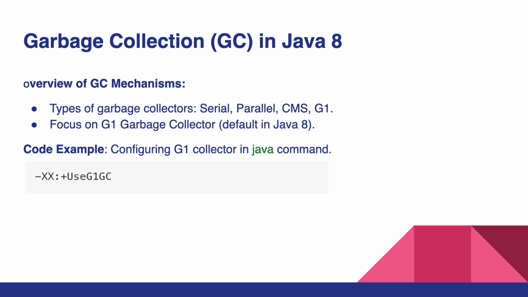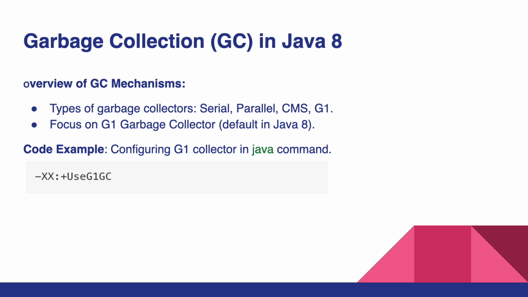Garbage collection or GC is essential to Java's automatic memory management. Java 8 offers multiple garbage collectors including serial, parallel, CMS and G1. The G1 garbage collector, which is Java 8's default, offers the best balance for most applications, particularly large applications.